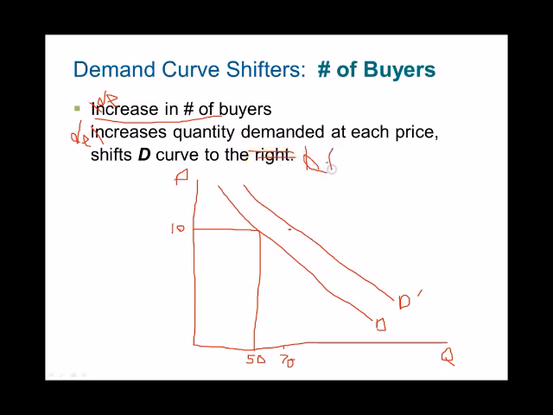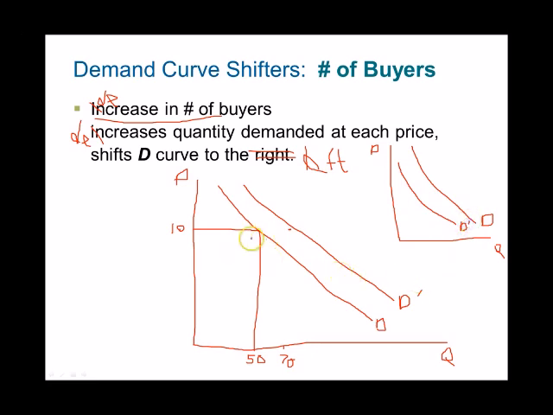Sorry, my handwriting is very subpar. So what would that look like if I draw the same thing? The price is on the vertical axis, quantity on the horizontal axis. If this is my demand curve, a decrease in the number of buyers is going to cause the demand curve to shift to the left, like that.